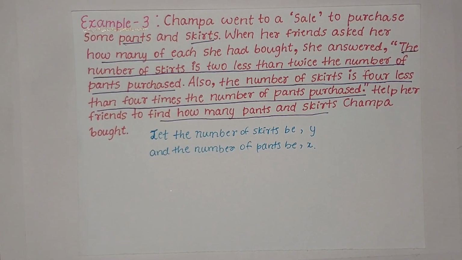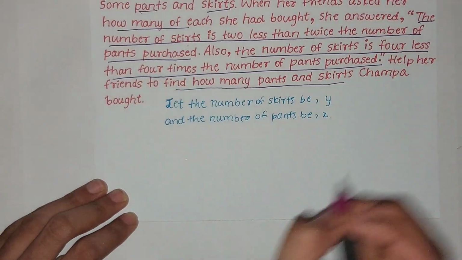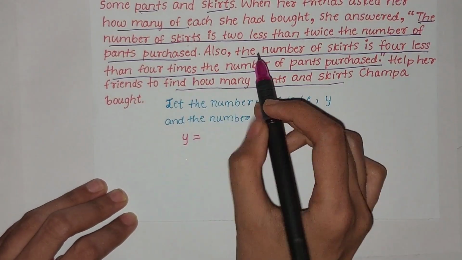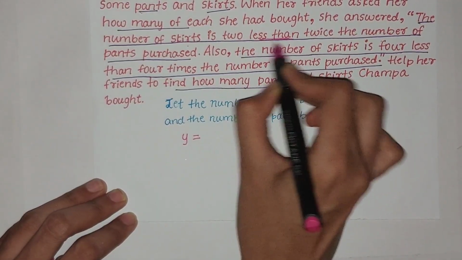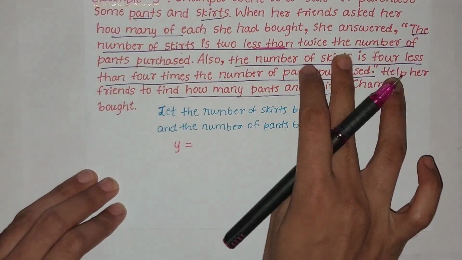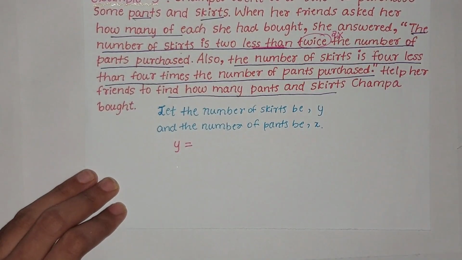Now, the number of skirts means y, right? Next, 2 less than means minus, right? Twice the number of pants. Twice means you are multiplying.